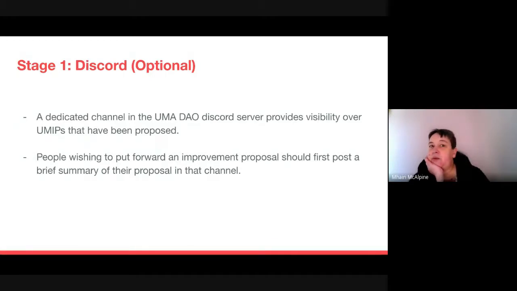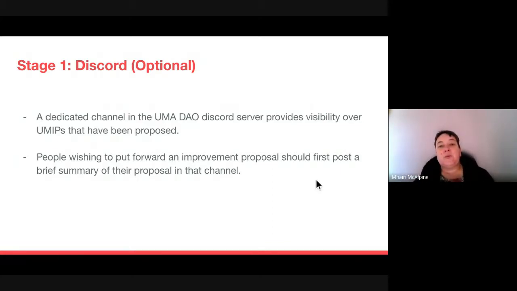So the first stage is Discord. This is an optional stage. There's now a dedicated channel in the UMIPs Discord server to provide visibility over the UMIPs that have been proposed. So people will be able to put up a one-sentence summary just to say, I'm making this proposal to fund this particular activity, and the people that will do it are these people, and therefore this amount should be transferred.